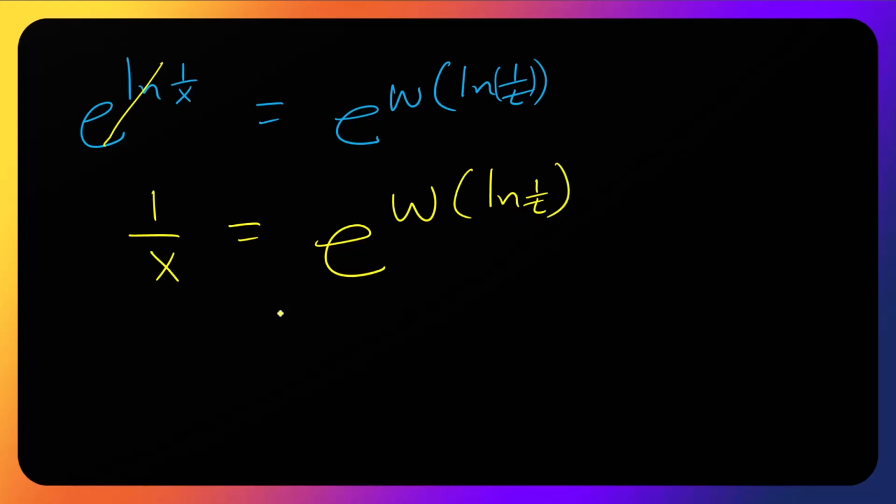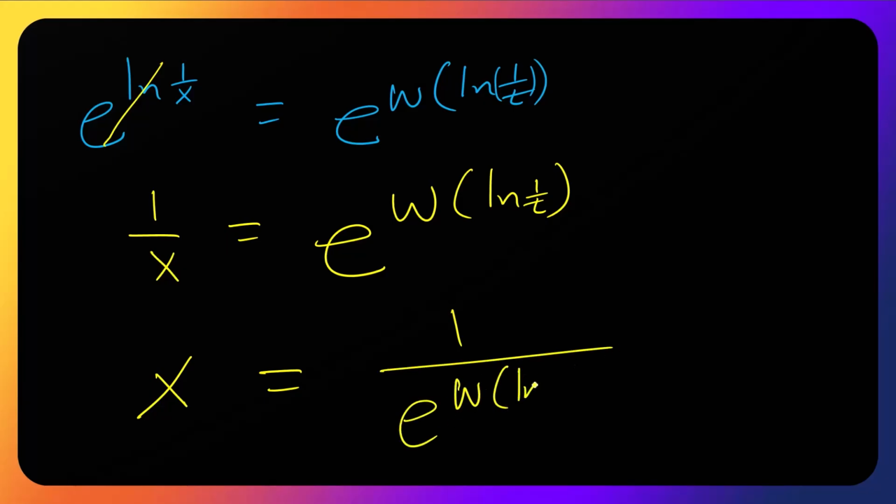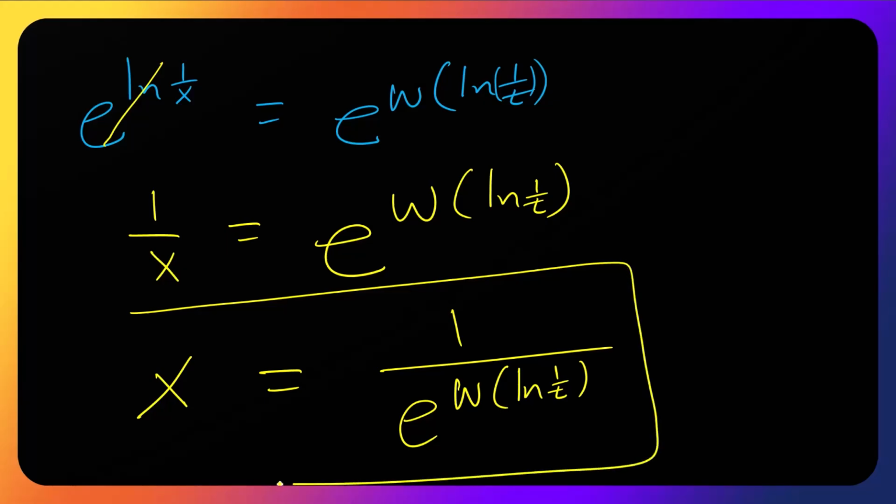Okay, so we have the x. So we can change the position. That will be x equals 1 on e raised to the W function of ln of 1 on t. So the answer is 1 on e raised to that.